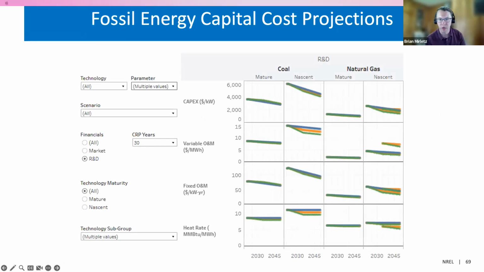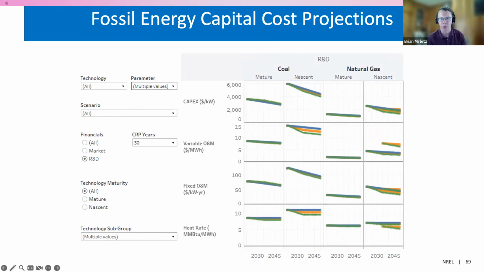So this summarizes the key trajectories for both mature unmitigated technologies and nascent technologies with CCS for both coal and natural gas. One new thing here, you can see coming in on the nascent line in 2035, are the natural gas fuel cell technologies.